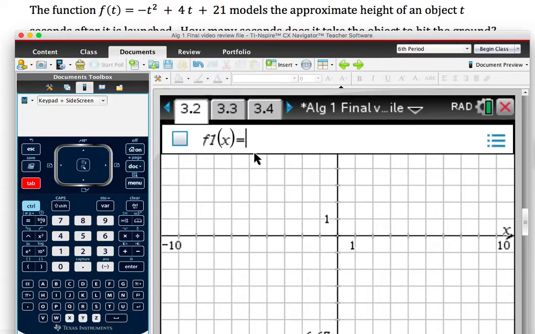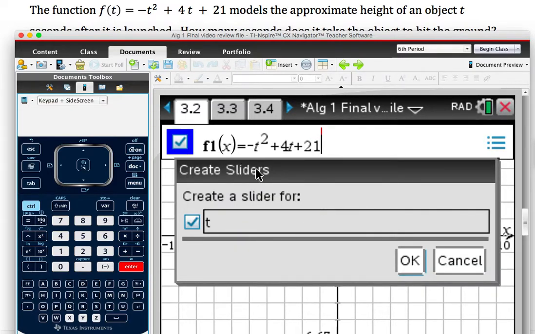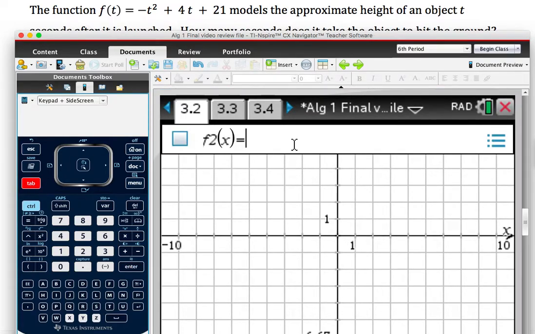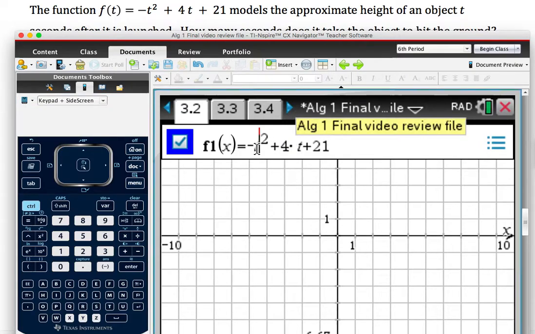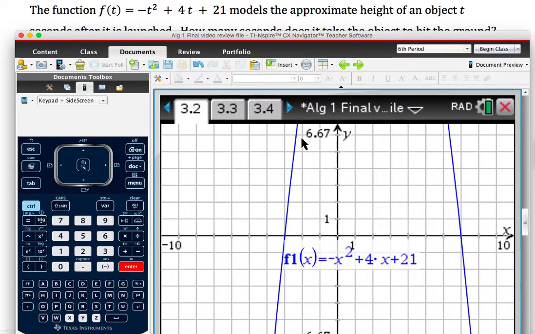Make sure you do the -t squared plus 4t plus 21, and it'll ask you to create a slider. You don't want to create a slider for that. Instead of using the t value, you're going to use x. Just replace your t with x, and you can graph it.